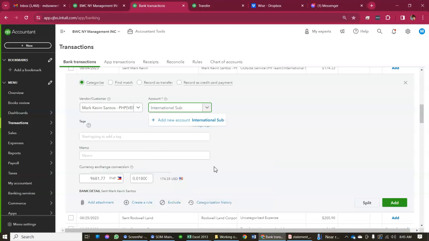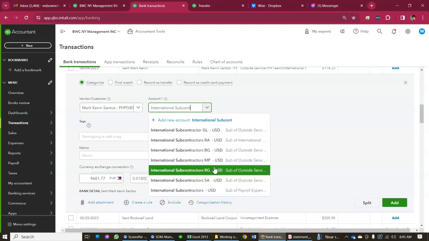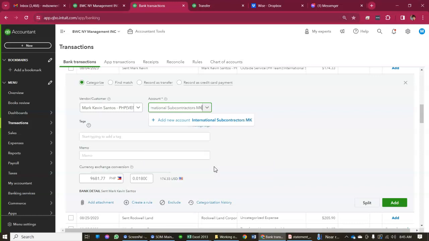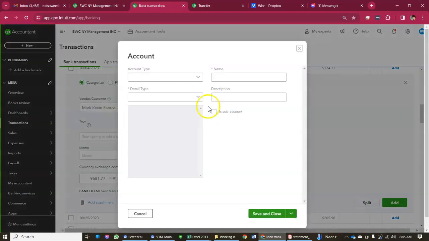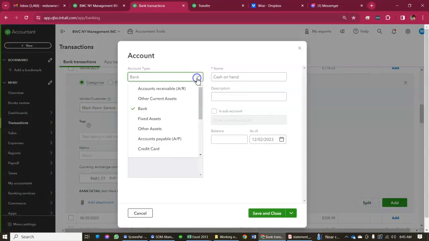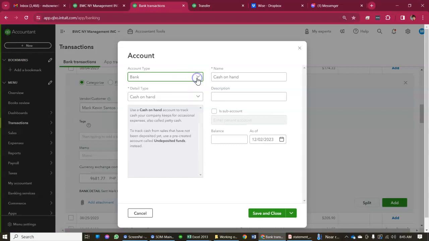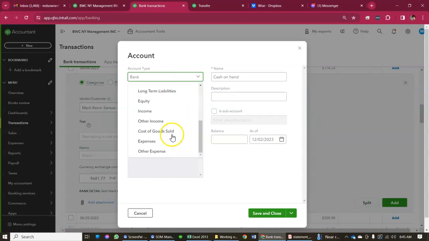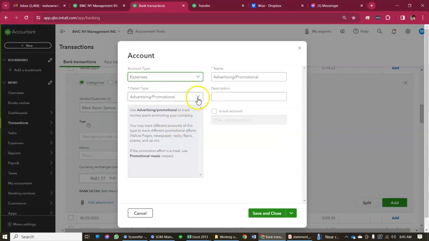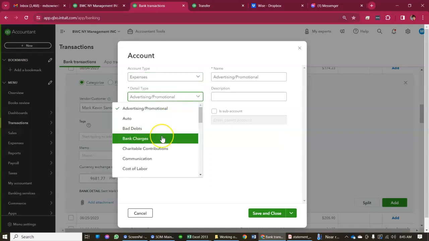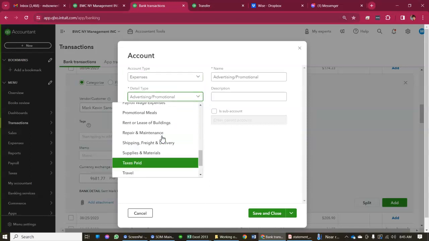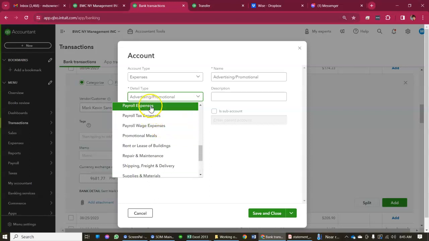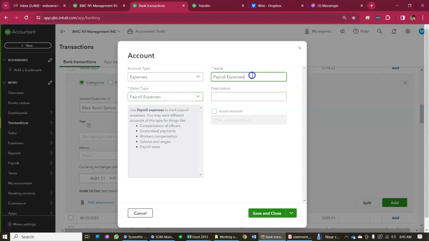Please be careful on this. Then MK. Okay. Then try to add that. Then this would be expense. Okay. Then the payroll expense.